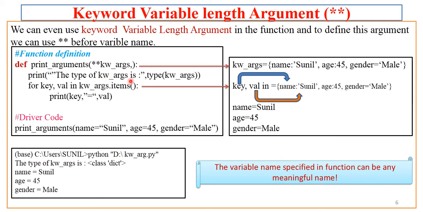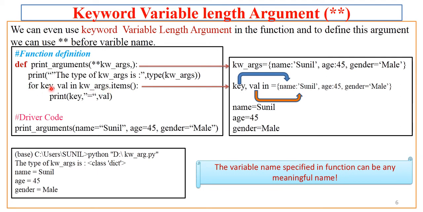What is that? We'll try to understand, don't worry. Now I am trying to print the type of this variable, because I want to know, if I precede any variable name with the double star or star symbol, what its type is. So we'll check that. Then we'll try to print whatever arguments are there in the kw underscore args variable.